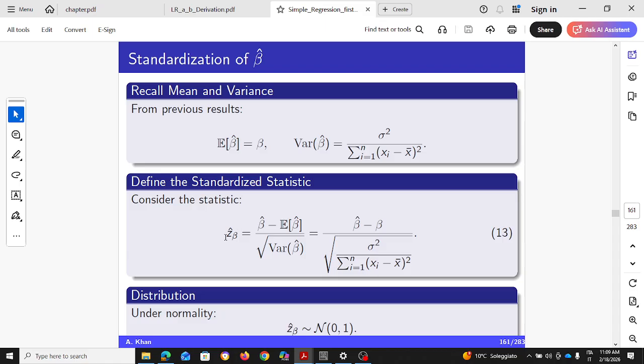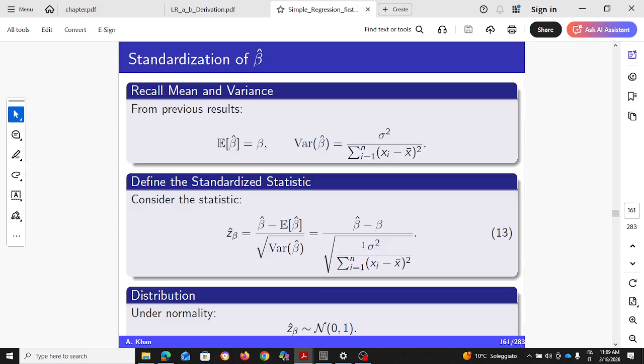So to do that, if you remember from the normal distribution, to standardize it, z is equal to x minus expectation of x divided by the square root of the variance. So here, for us, beta hat minus expectation of beta hat divided by the square root of the variance.